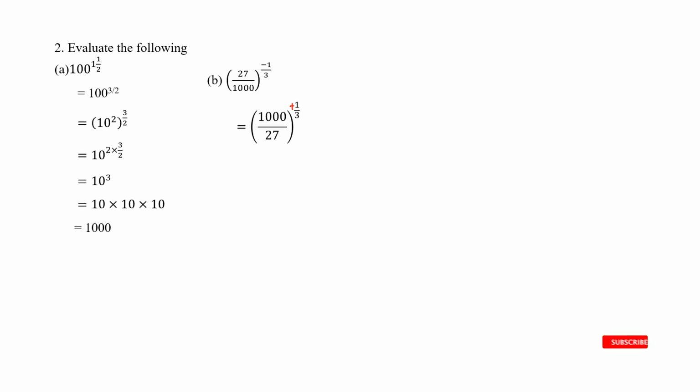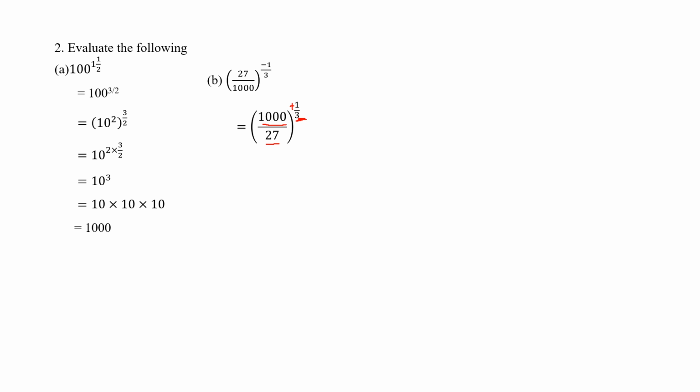Then now, because it is a third, 1 all over 3, I want to make these bases possess powers of 3, such that when I open the brackets, the 3 multiplies with the third and it kills the third there.